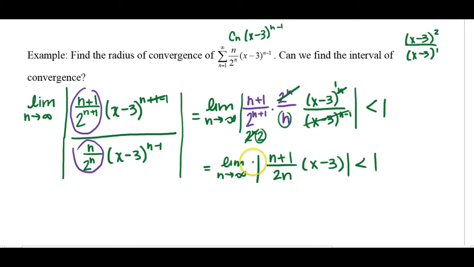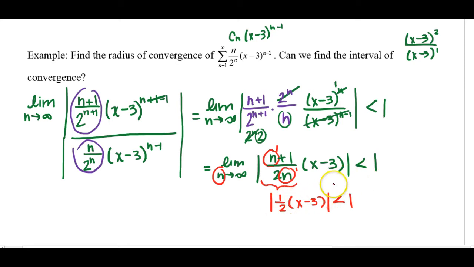As n approaches infinity, the only n's are here and here. So I'm taking the limit of this portion, because this has x's and is not affected at all by this limit. Since these degrees match, this portion, n plus 1 over 2n, is going to become 1 over 2. And now we drop the limit because we've evaluated it. So I have 1 over 2 times the absolute value of x minus 3 is less than 1.